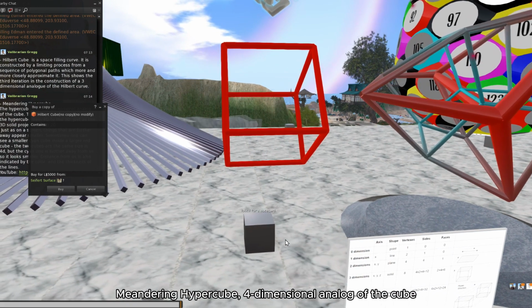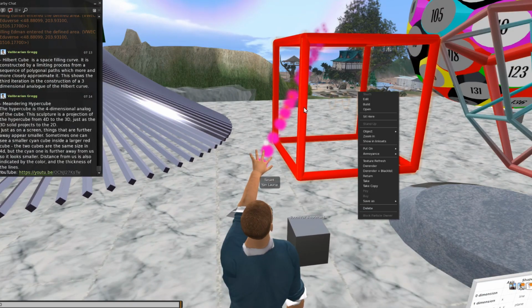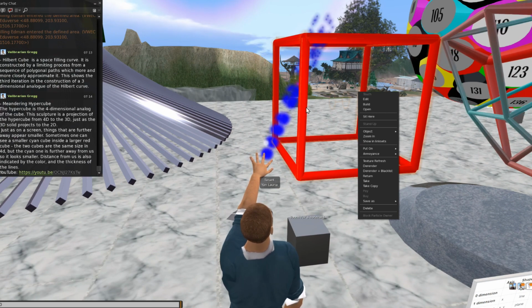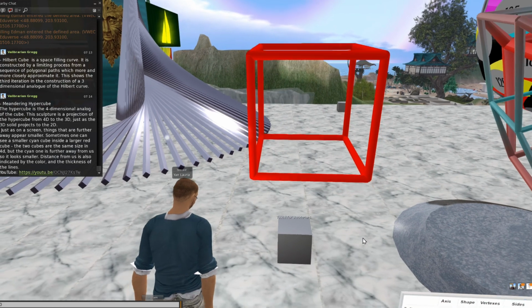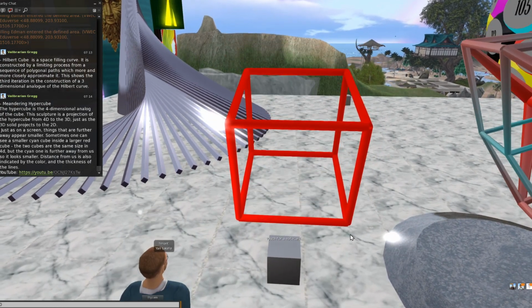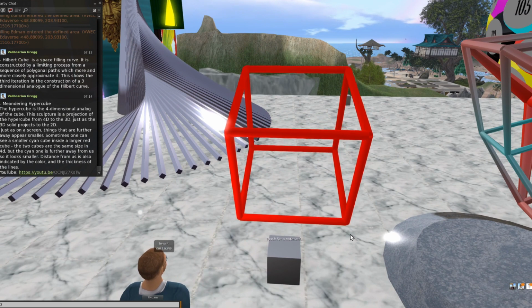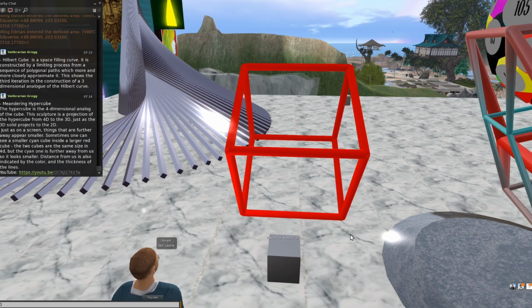Please look at the left cube. This is a usual three-dimensional cube, and we can see this cube through your computer screen. So you see this 3D cube as a two-dimensional projection.